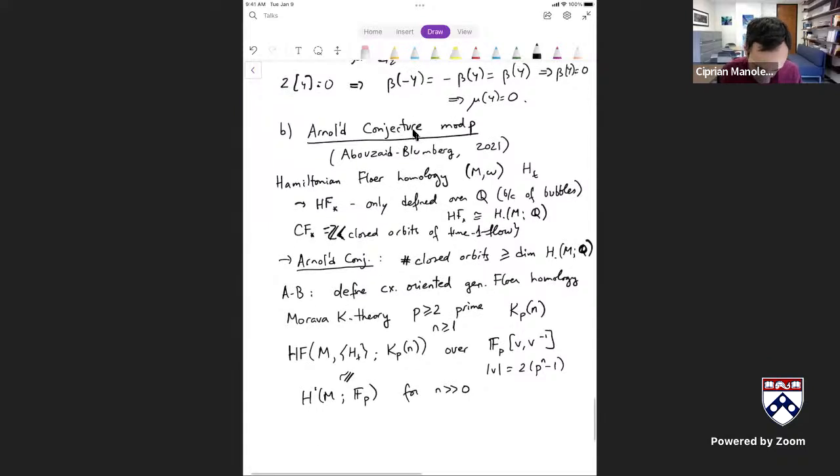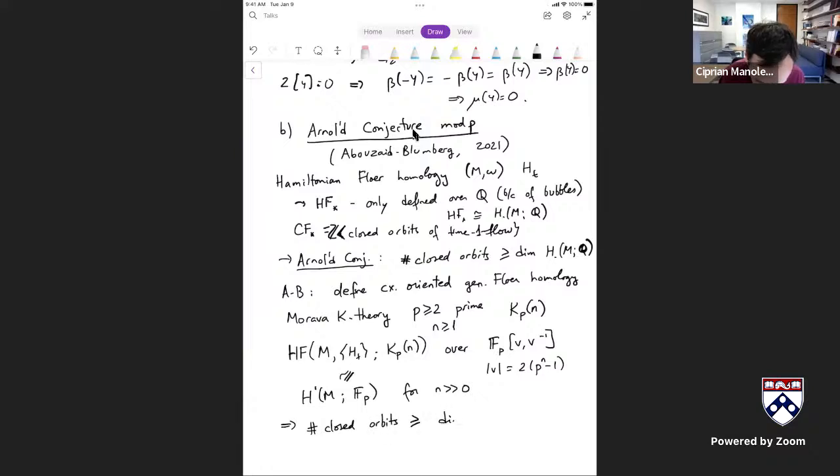This is defined again using just closed orbits, and what you get from here is that the number of closed orbits is greater or equal than the dimension of the homology or cohomology of M with F_p coefficients, which is a different result. It's a stronger result than just with rational coefficients. So this is the Arnold conjecture mod p.